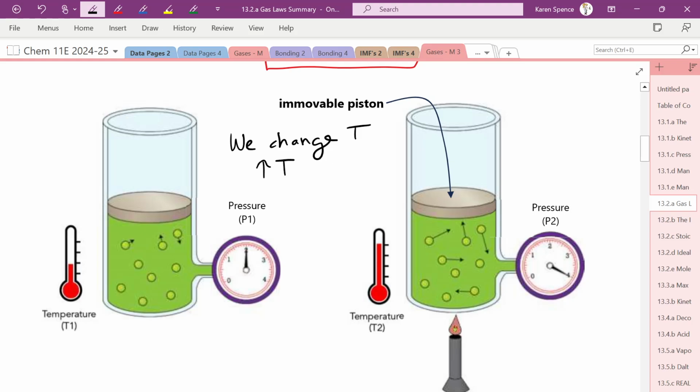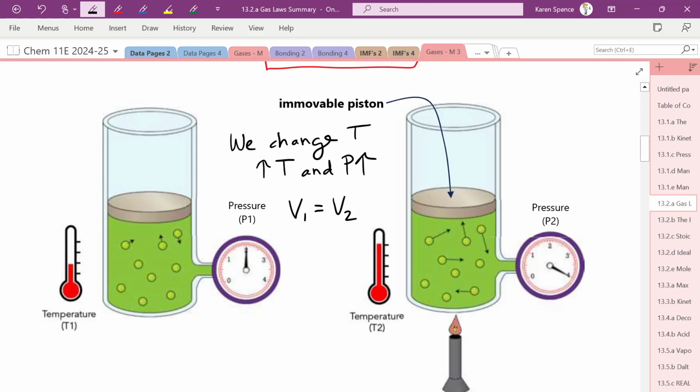And what are we keeping the same? Yeah, volume 1 is equal to volume 2. And when we increase the temperature, what is changing in response to that? Pressure. So we change temperature and pressure also increases.